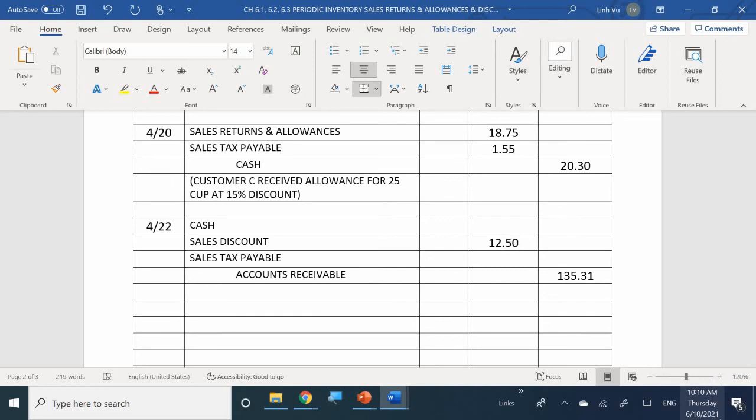We originally charged them the full tax, so we also have to give back a portion of their tax because we're giving them a discount. How much tax? $1.03 will be the tax. How did you figure that out? Multiply the 12.50 times the 8.25%. Good. How much cash should I actually be receiving?